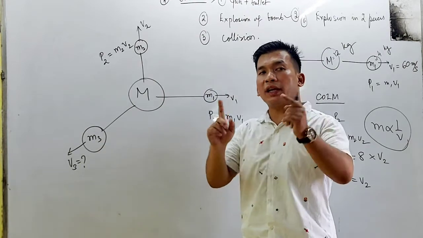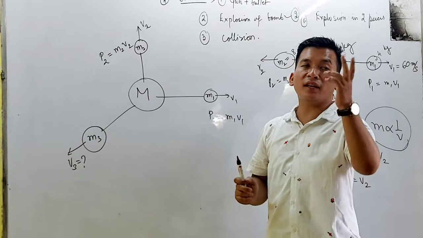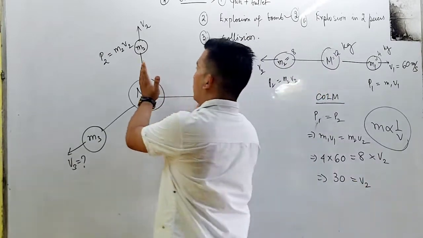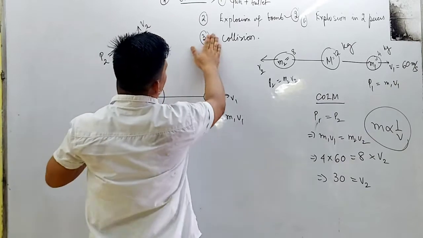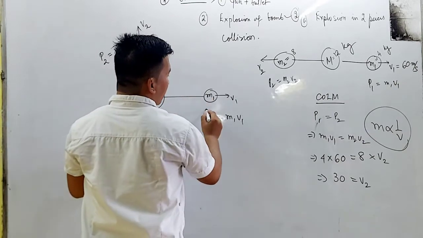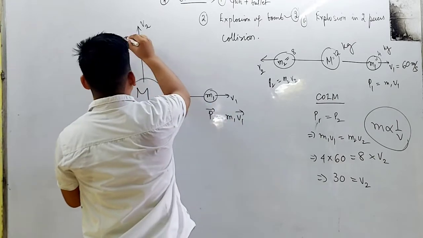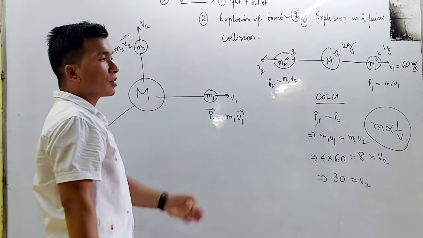So first you take two momenta. Take the first two fragments and convert them into one single fragment in terms of vector notation. Momentum is a vector quantity.